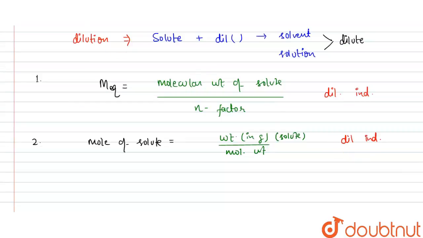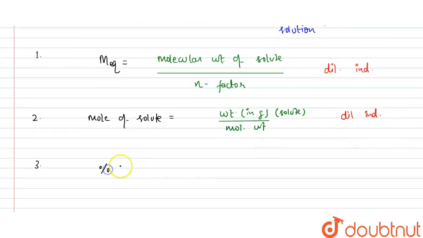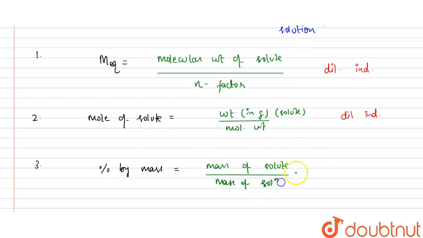We solve all the quantities one by one. Third quantity is percentage by mass. The formula is mass of solute divided by mass of solution, into 100.